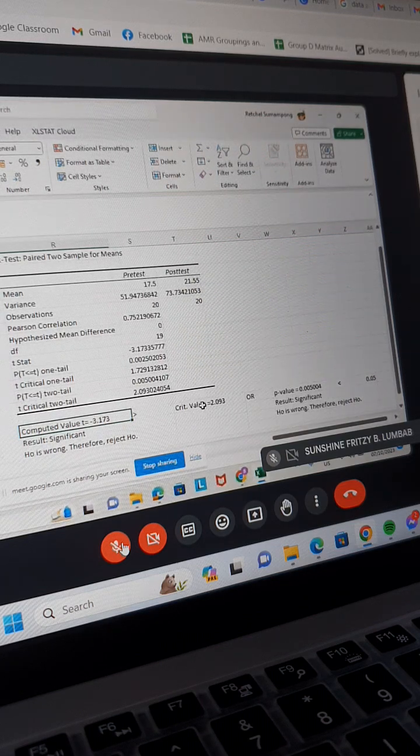Since this is a software, the critical value is supposed to be plus or minus, but they are only giving the positive sign.